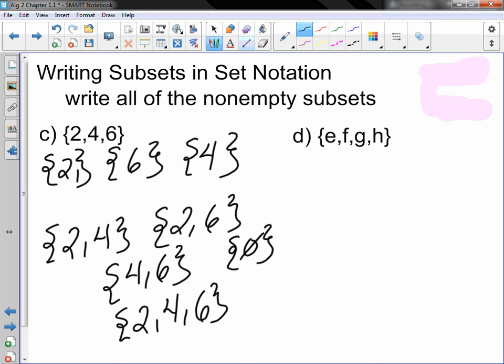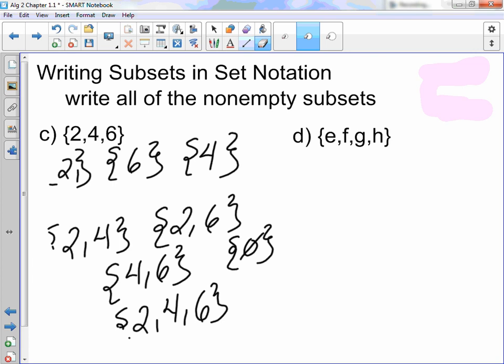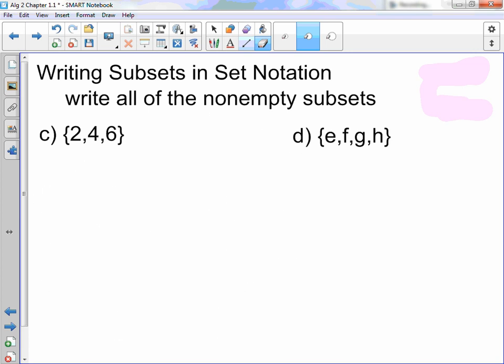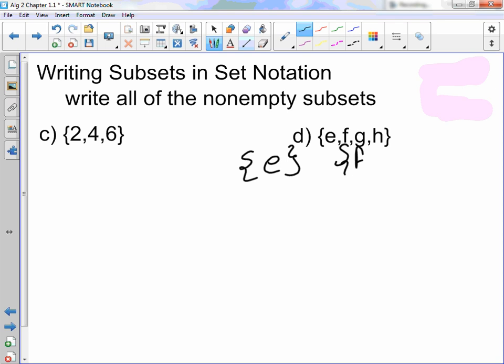Let's look at 4. So I'm just going to add one element. That is what these are called. So let's see how many we can get. What do y'all think? So we would have what? Well, we did list each one individually. Then what would we do next?